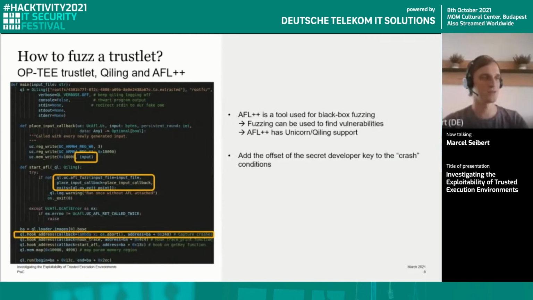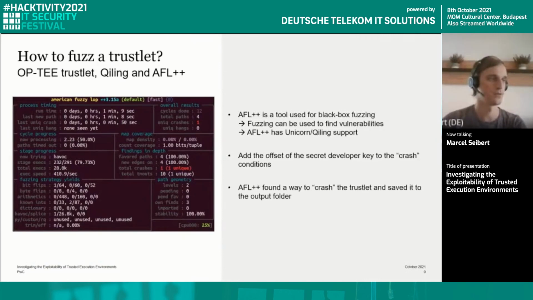So let's execute this code and see what it outputs. So here we can see the actual output of American Fuzzy Lop. We have the process timing, so like how long is it running? We have some cycle progress, some stage progress, what it is trying to do.